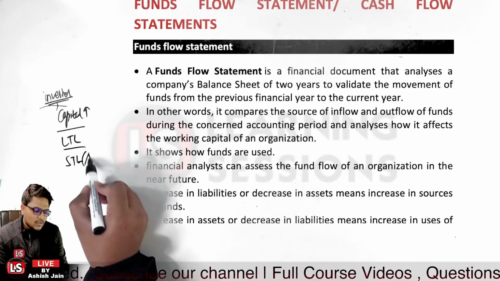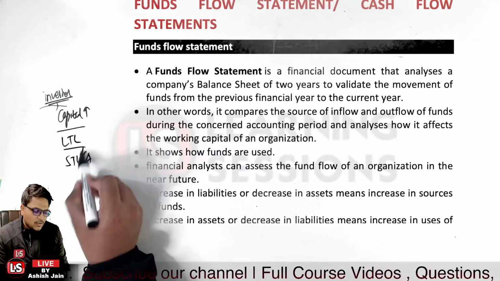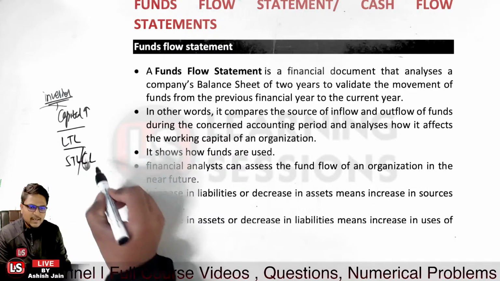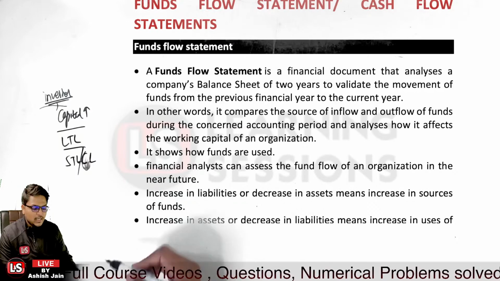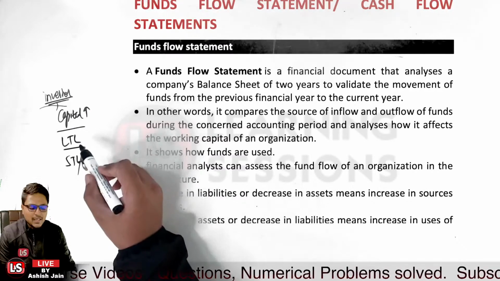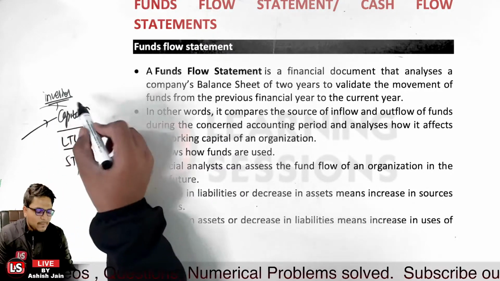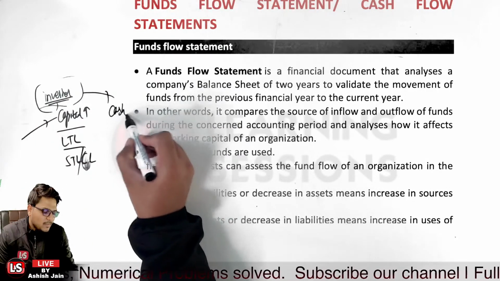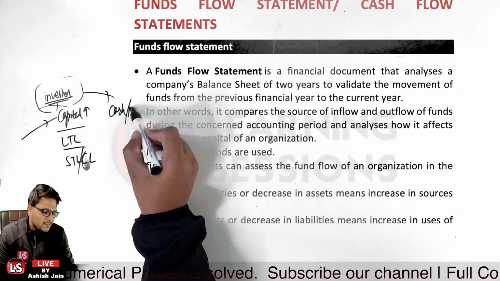When there is an increase in capital, the new capital must have been infused either by way of cash or by way of the bank balance, so that will also increase.